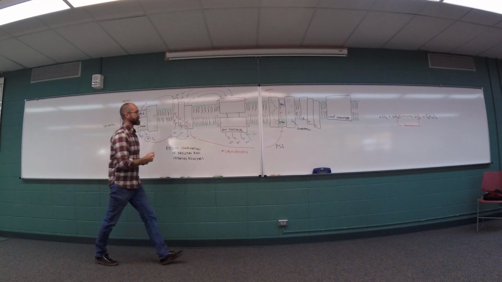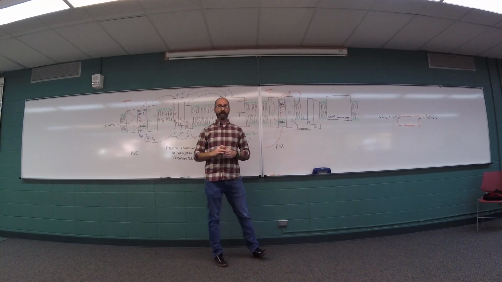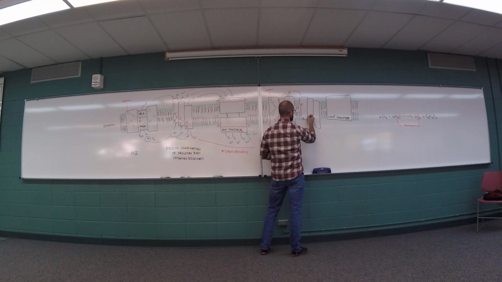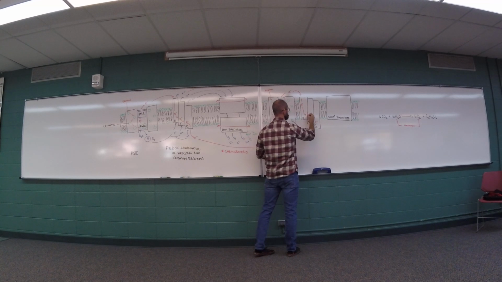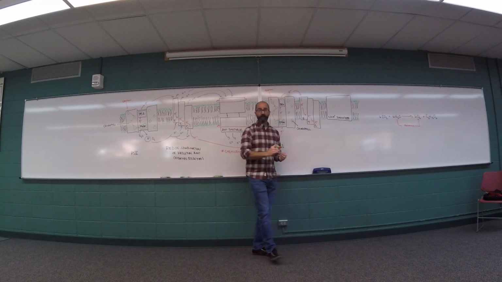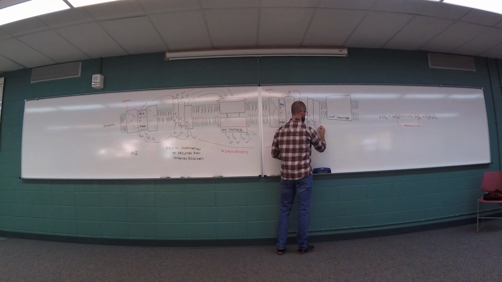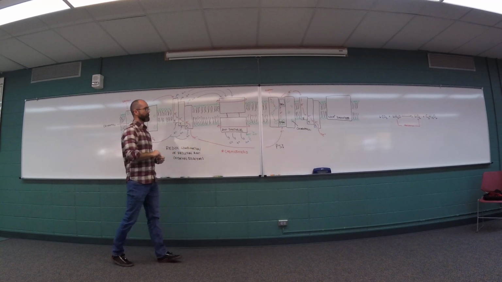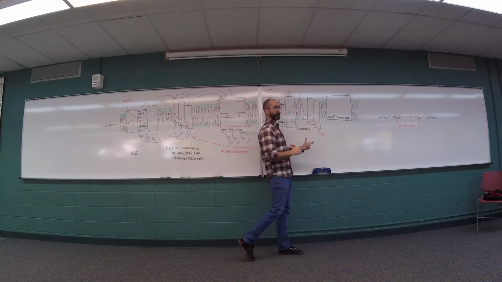Okay, and then we get the same thing happening, right? We have this electron that was taken up by the primary electron acceptor, and it's passed over to the electron transport chain. And then that electron just falls down the electron transport chain like this, in a series of redox reactions. So what's the purpose of the electron transport chain here?